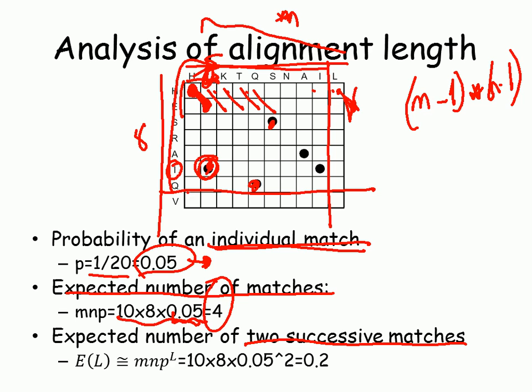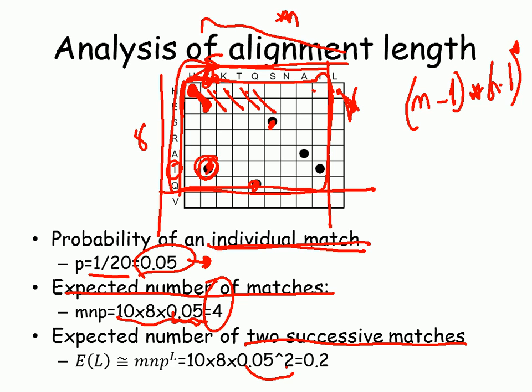Okay? So this smaller table is the number of possibilities that I can have to produce 2 successive hits. And then multiply that by the probability of 2 successive hits. That's 0.05 to the power 2.